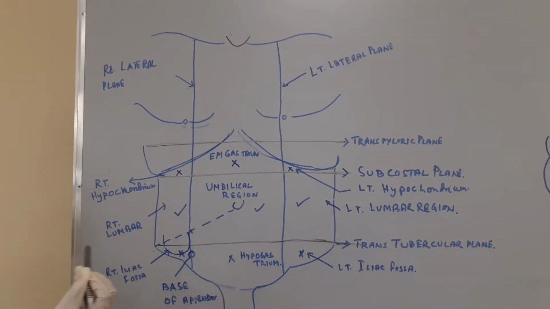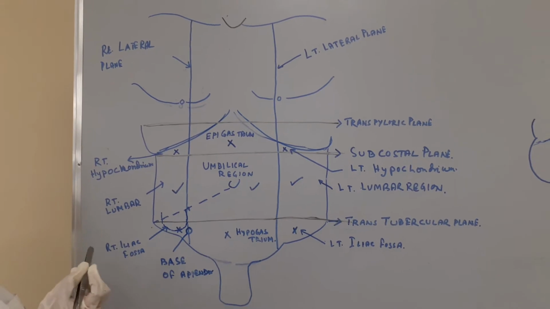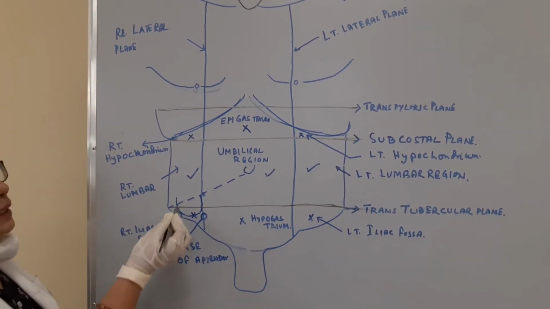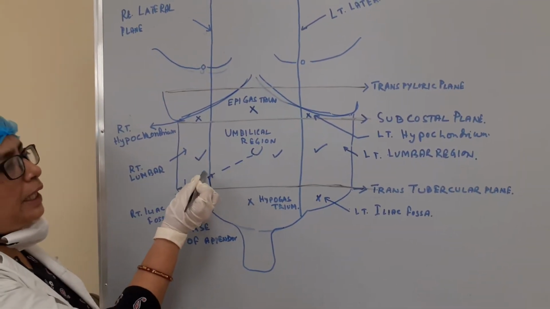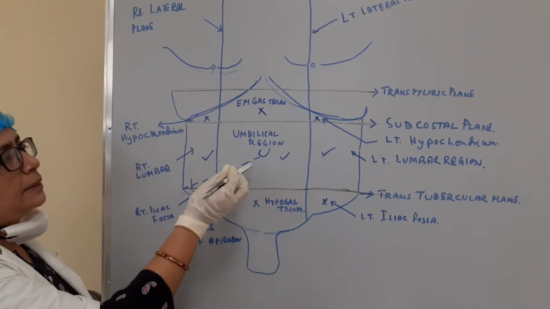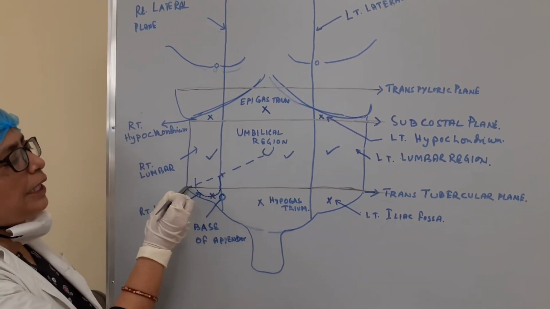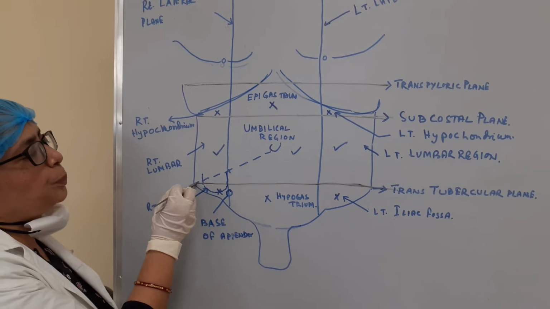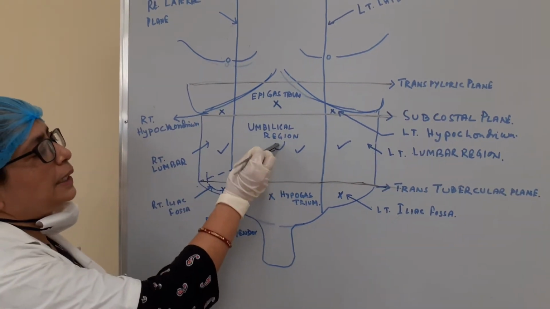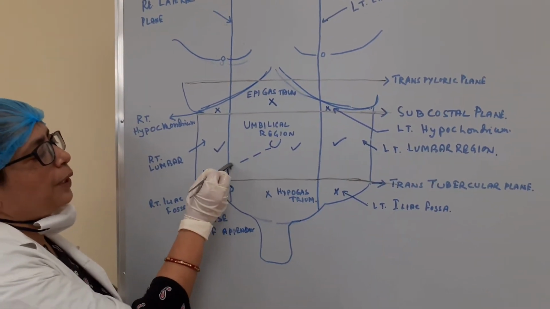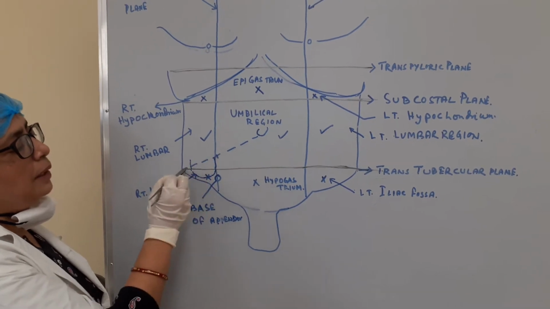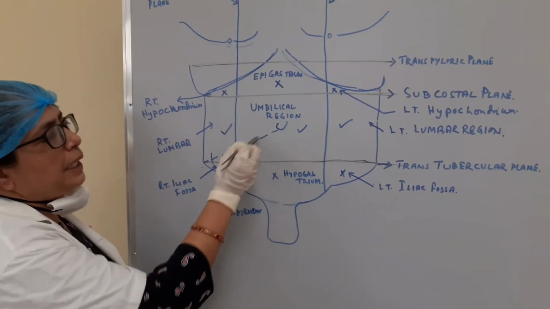The maximum tenderness or feeling of pain can be elicited over one point, that is elicited by drawing a line from the anterior superior iliac spine to the umbilicus, that is called McBurney's point, at the junction of the lateral 1/3 and medial 2/3.